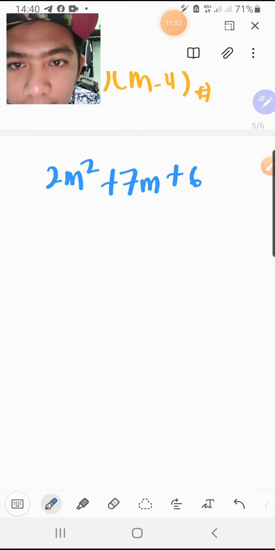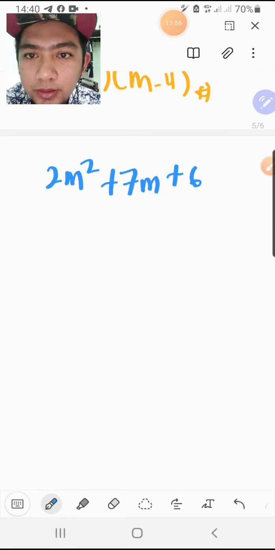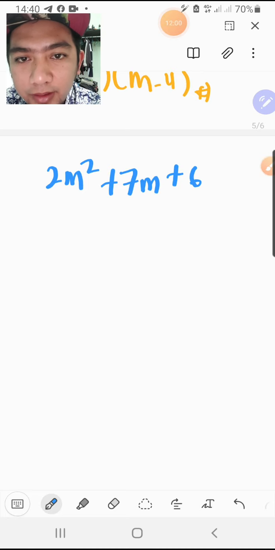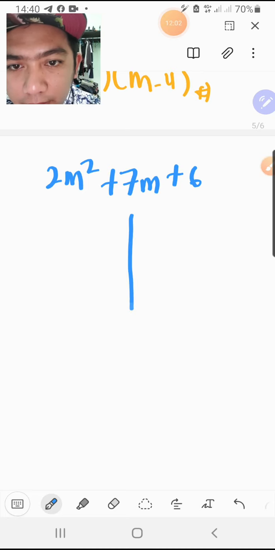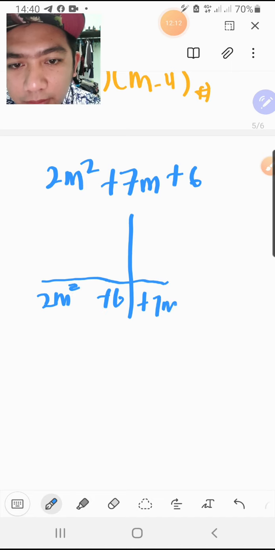Okay, now let's check out this example. Now the question is 2m squared plus 7m plus 6. So factorize this algebraic expression. So make a partition. 2m squared, plus 6 and positive 7m.